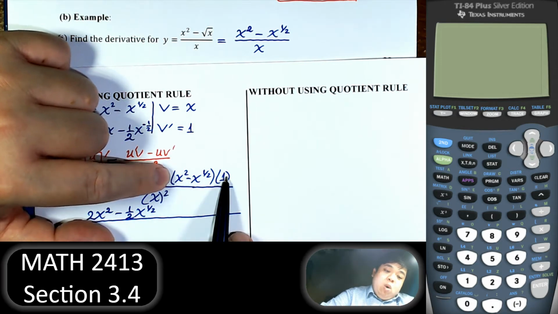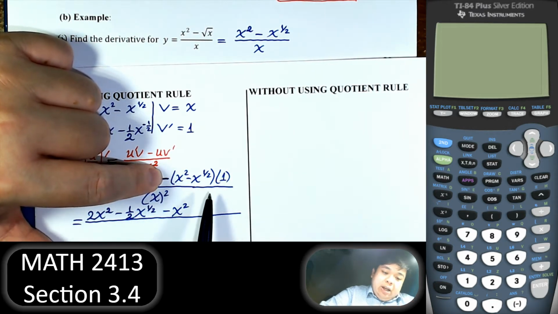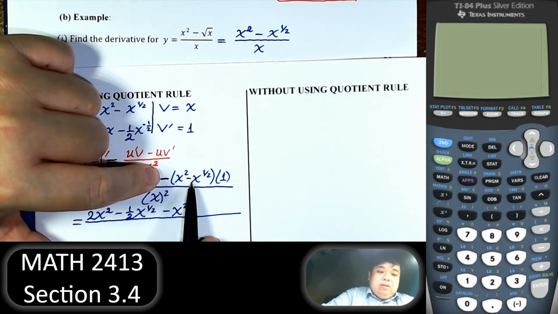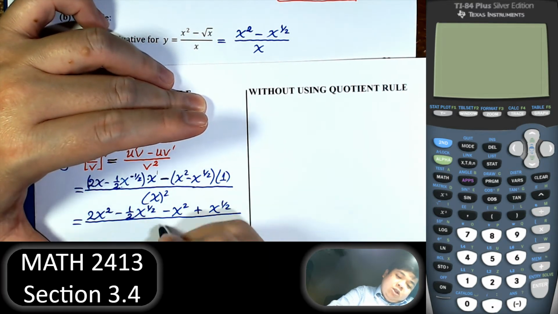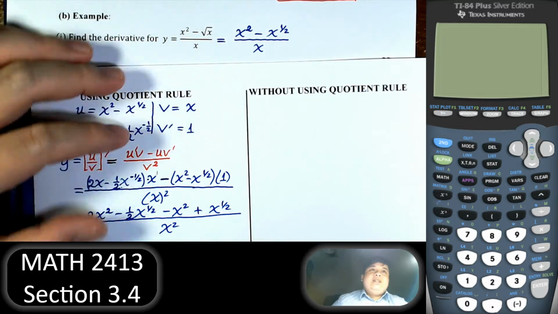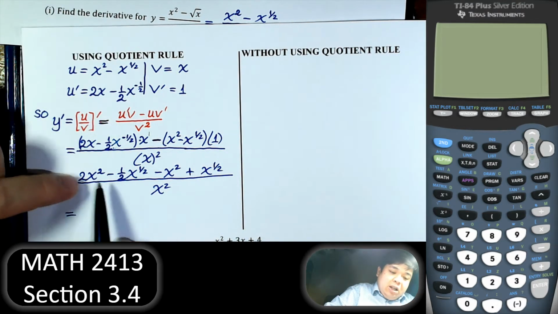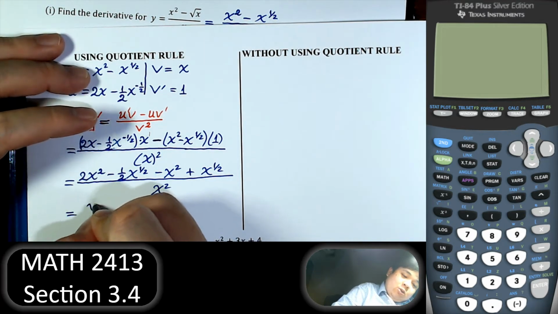So x squared times 1 is x squared with the negative, negative x squared. Negative x to 1/2 times 1 is negative x to the 1/2, with the negative, positive. Now suddenly we can combine like terms on the top, right? 2x squared minus x squared, 2 minus 1, that is 1, x squared.